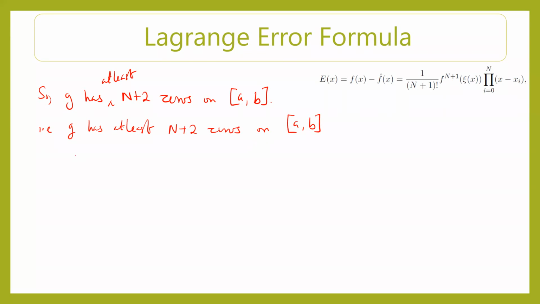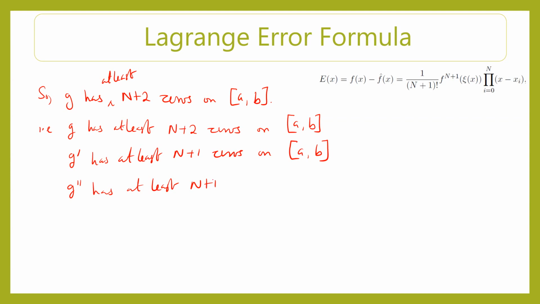If I differentiate g once, it will have at least n plus 1 zeros on [a,b]. If I differentiate it again, it will have at least n zeros on [a,b].